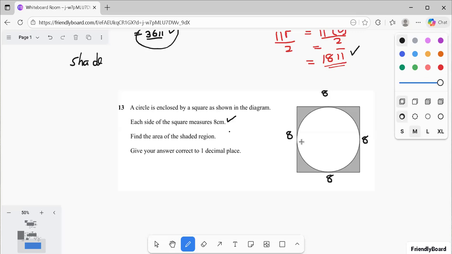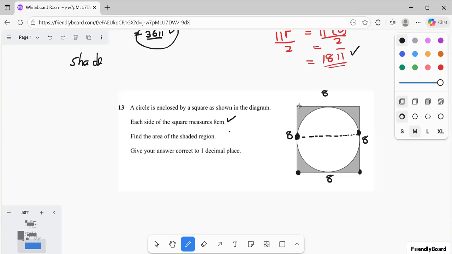So that means before we even think of anything else, let's first find the radius of this circle. Of course the diameter of the circle is 8, because you can see that from this point up to this point over here is the same in length as from here to there.